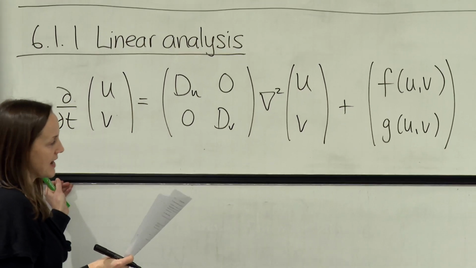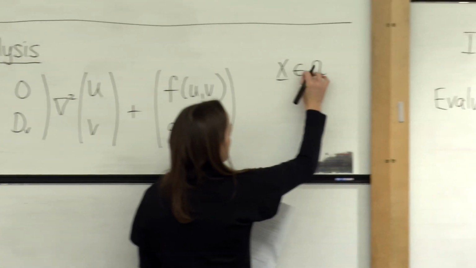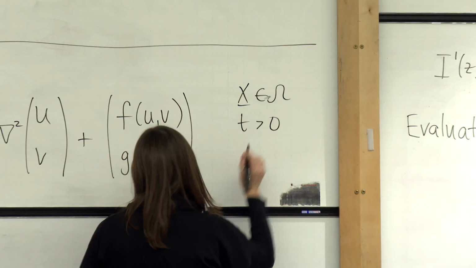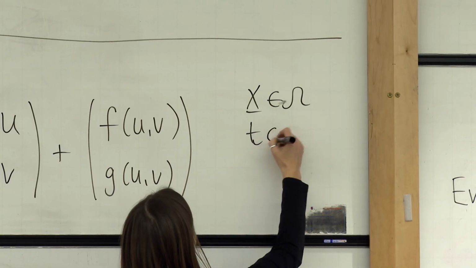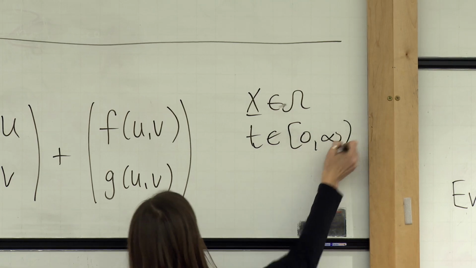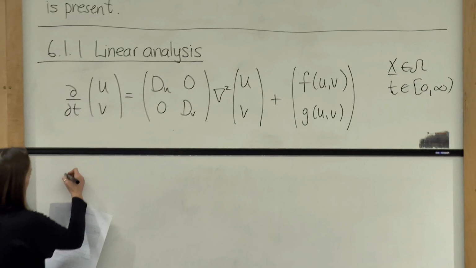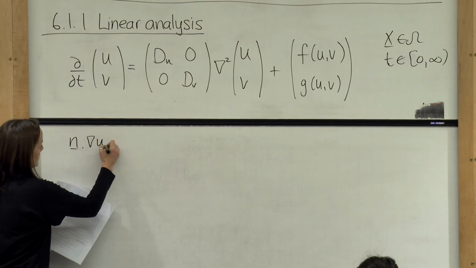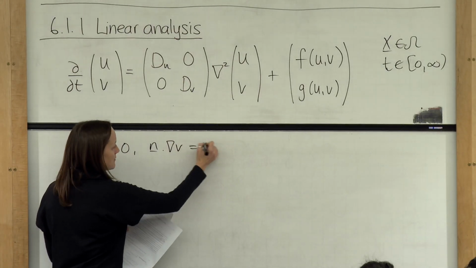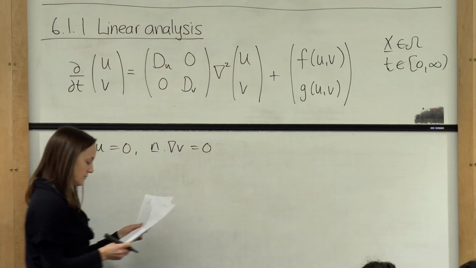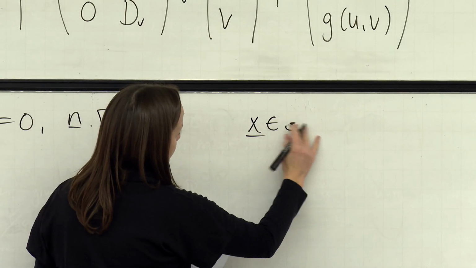And we will take x in some bounded domain Omega, t greater than 0. And let's put some Neumann boundary conditions on this. So we've got n dot grad u equal to 0, n dot grad v equal to 0, with n the outward pointing unit normal, and x on the boundary.